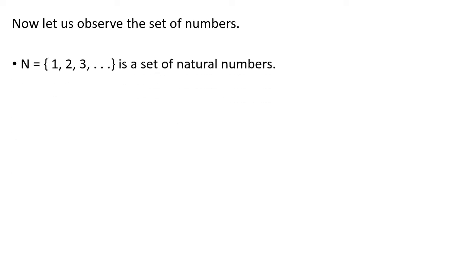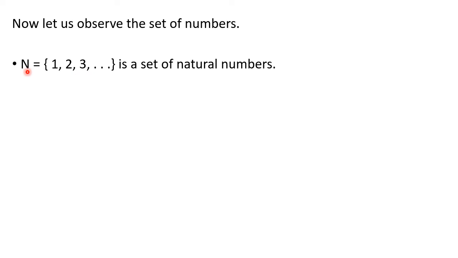I told you that N stands for natural numbers. So by using sets now, you know that for giving the name, we use a capital letter. So N you have to write equal to, and natural numbers, you know, 1, 2, 3 and so on. So this 1, 2, 3 and so on are the members of this set N. We need to write all these elements in curly brackets or brace brackets.